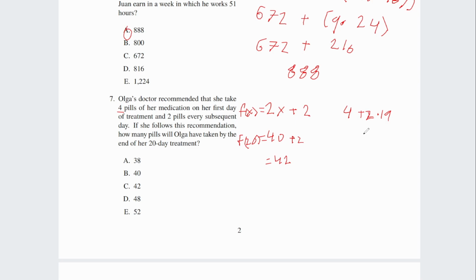Likewise, 2 times 19 is 38. 38 plus 4, and this is also going to equal 42. So either way you want to solve this is fine. I think finding a function for this is probably more time consuming. And again, this might be something that you're able to do in your head, so long as you don't forget about these 4 pills on the first day.